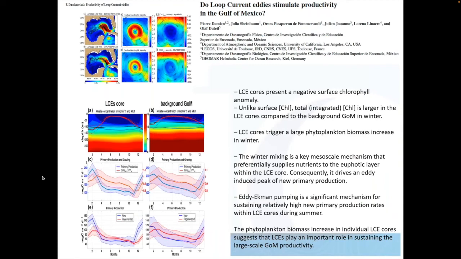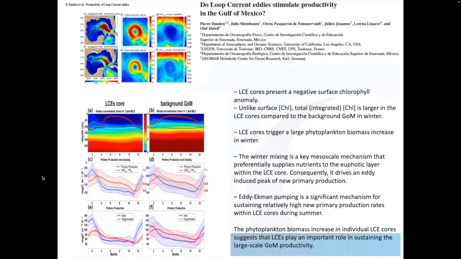So, to make the story short and quick, the take-home message is that there is a difference between the total chlorophyll content and what you see at the surface.